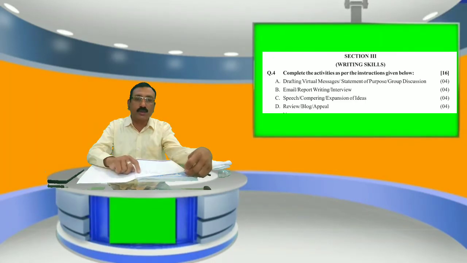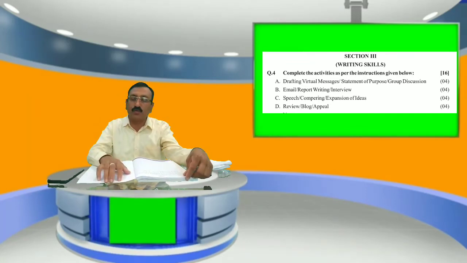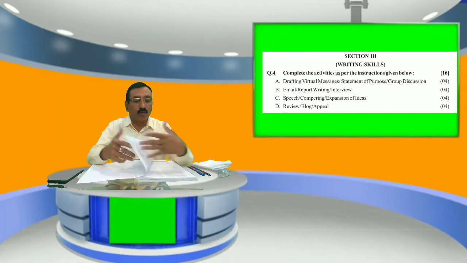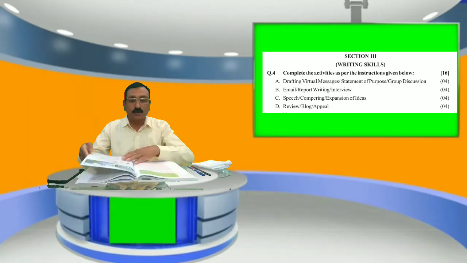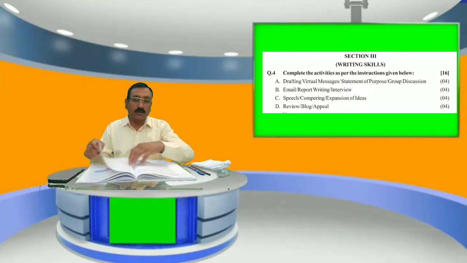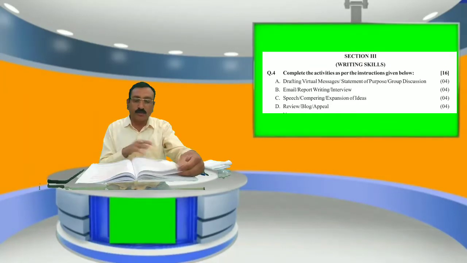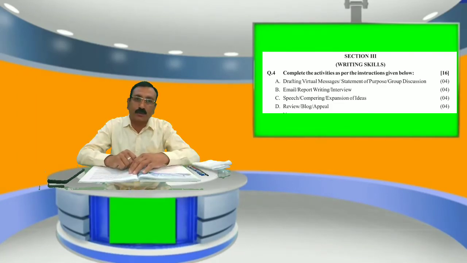So students, in each set you will have 3 options, and out of these 3 options you will have to select one writing skill. Question number 4 carries 16 marks and each set will have 4 marks. So for one writing skill you will have 4 marks, and collectively question number 4 will have 16 marks.